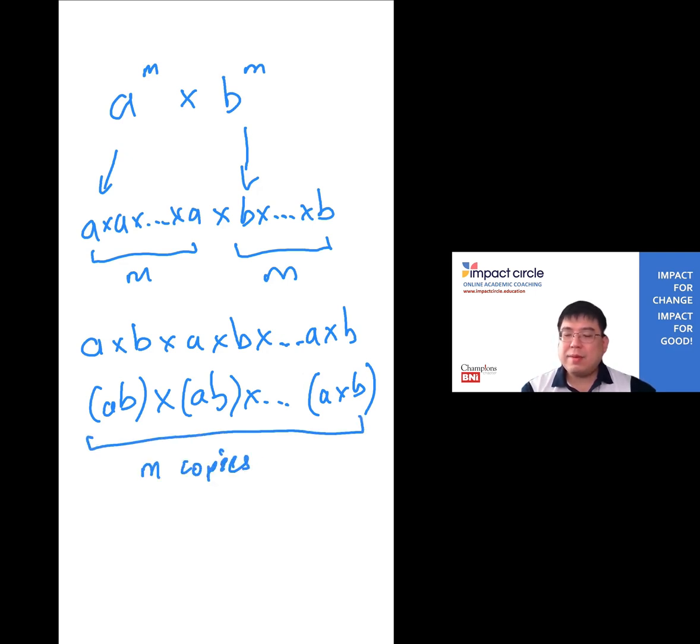And what does this mean? This literally means that this is equal to AB to the power of m. So if you know the concept of powers very well, it's very easy to understand this. You will never forget.